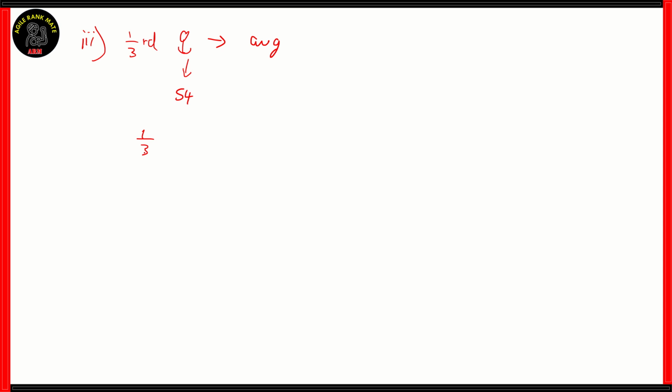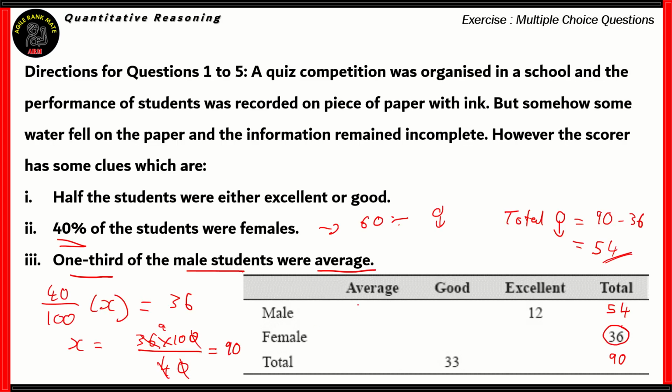So therefore 1 by 3 times 54 would give you the number of average males. 54 is a multiple of 3. 54 divided by 3, you will get 18. So therefore, the number of average students that are male turns out to be 18.